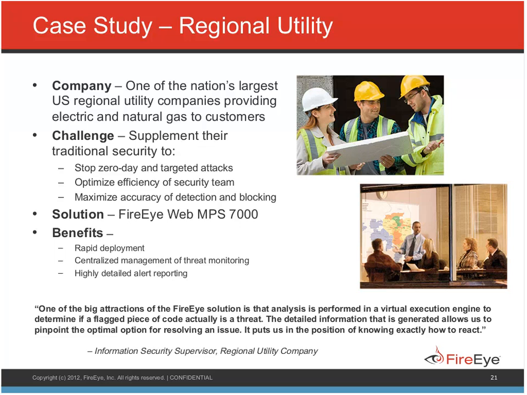What they found with the FireEye Web MPS was that there's a bunch of benefits of being able to not only stop these outbound communications, but they were able to dive into the rich forensics that our product provides. I'm obviously happy to talk more about our technology and how it works and how we're able to give you the malware forensics, a copy of the malware that was infected in your network, and even a picture of the types of data that the malware was attempting to exfiltrate.